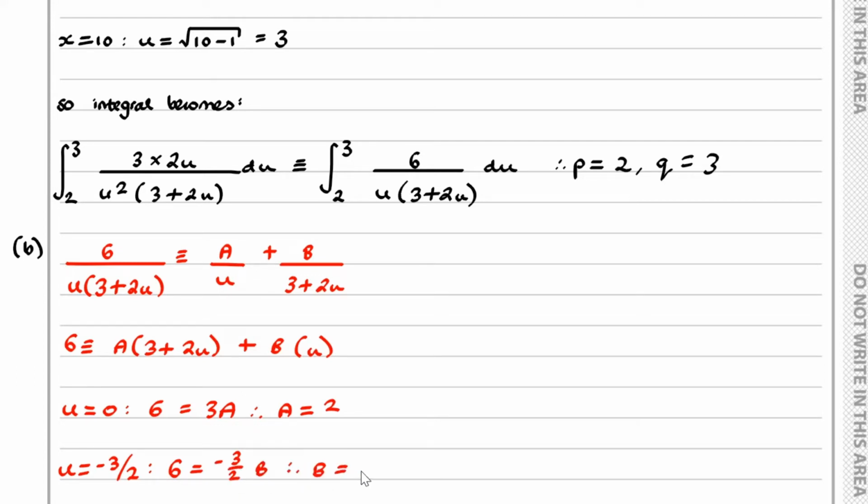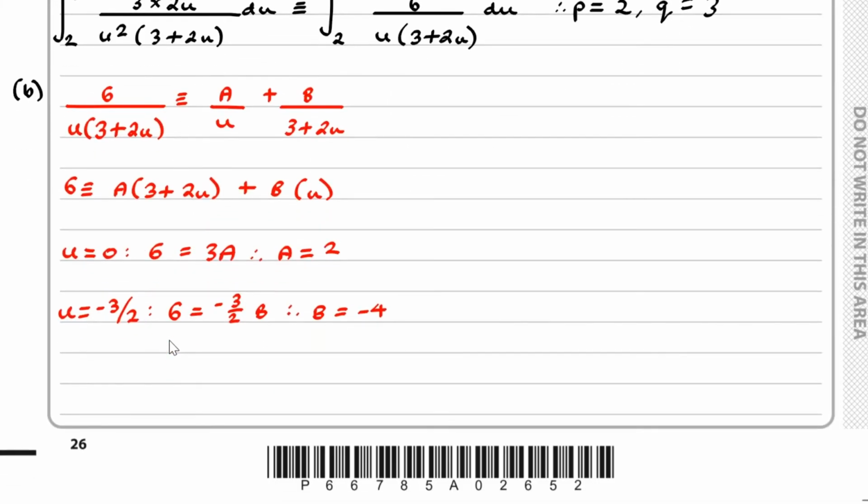B is equal to minus 4. Of course, the a bracket disappears. And therefore, we can conclude 6 over u lots of 3 plus 2u, that's equivalent to 2 over u minus 4 over 3 plus 2u.